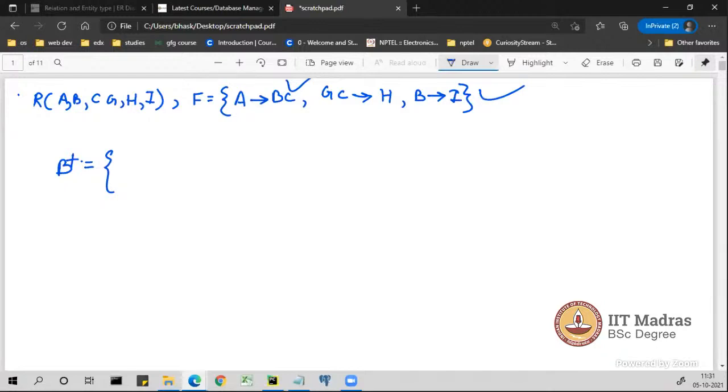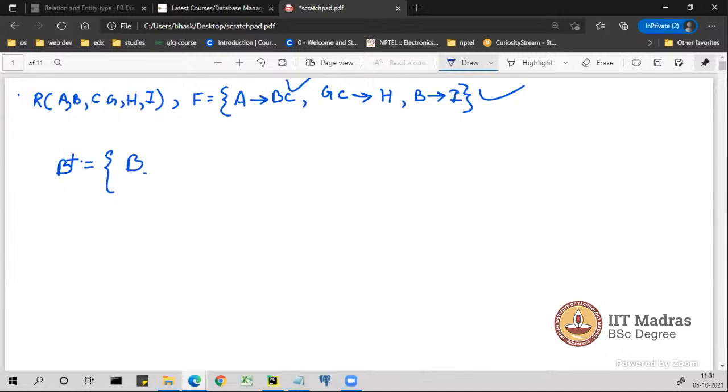Okay, that's clear, sir. Yeah, you can find B plus closure. What will the B plus closure be? It will be B. With B, you can take I, so I will be there. But with I, can you do anything else in the next step? There is no other functional dependency which has I on the left hand side, using which you can determine a new attribute, right? Therefore, for B goes to I, the closure will be only I and B itself, right?